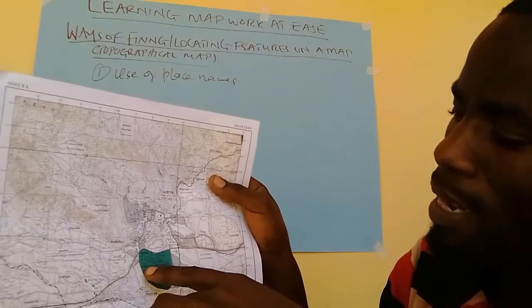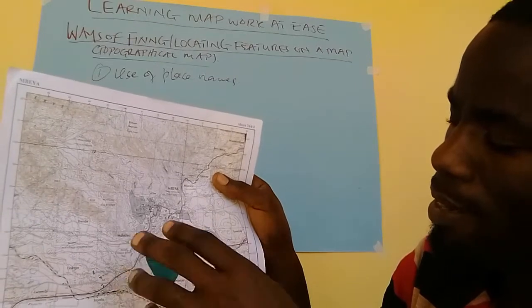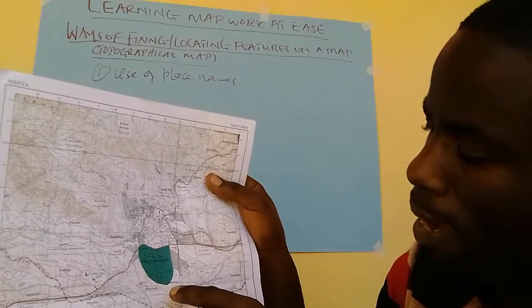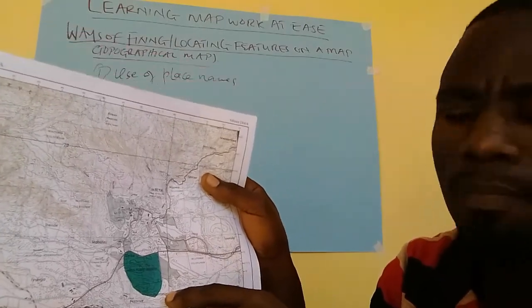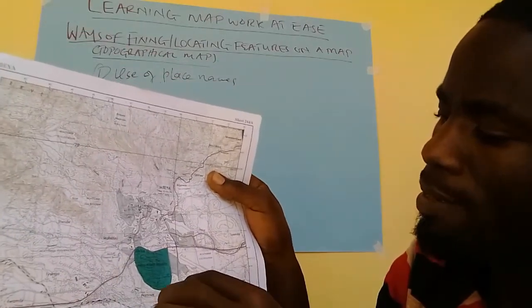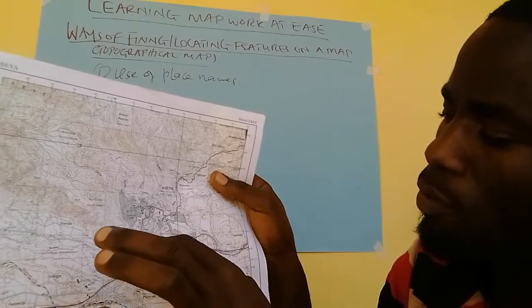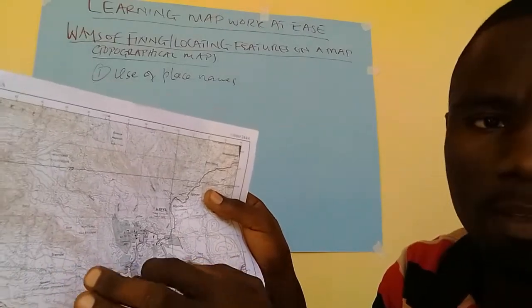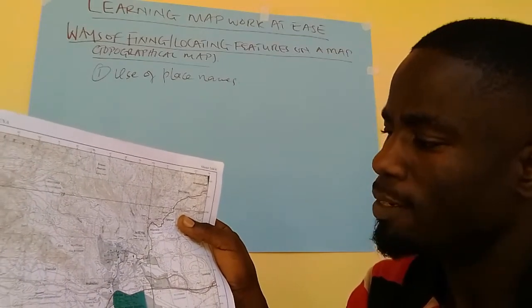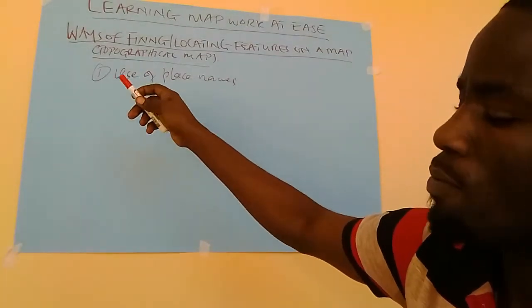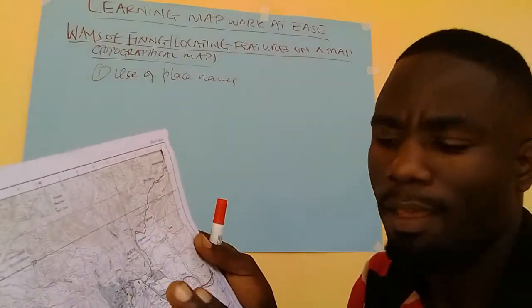Mbeya is a place name here. Or you can say there is a forest reserve near Pambogo. So Pambogo is a name which is easily recognized. So I can use that name as a reference for the evidence I want the examiner to note. So through the use of place names, we can give evidences.